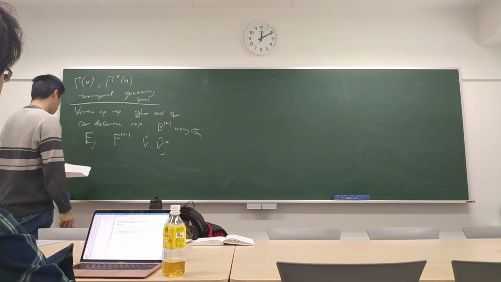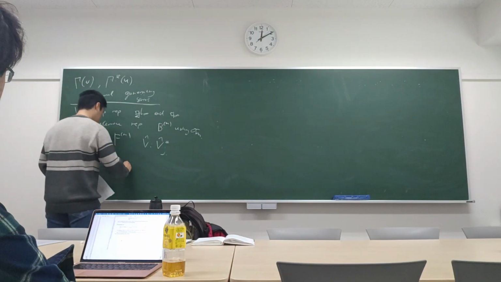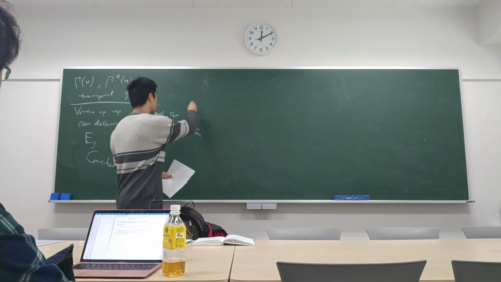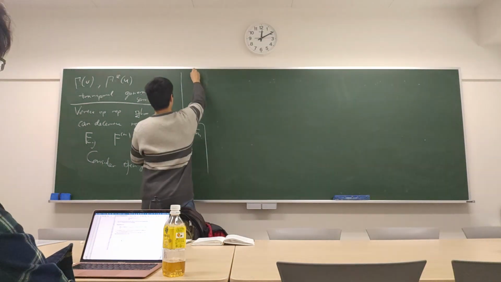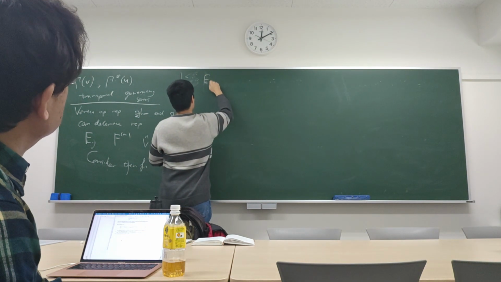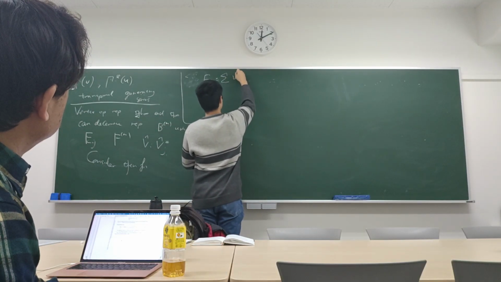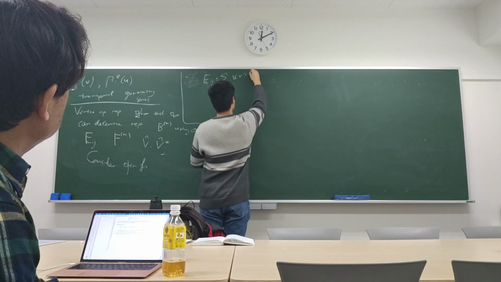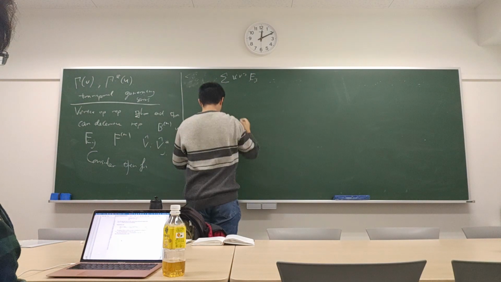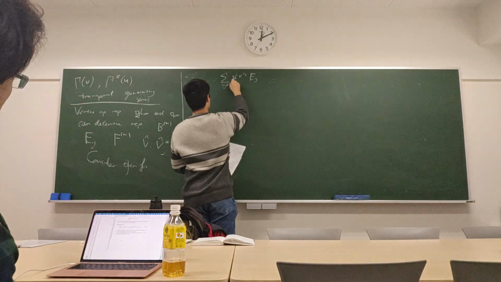So again, we will consider the generating function, which is just this object, this generating function with ij integers.